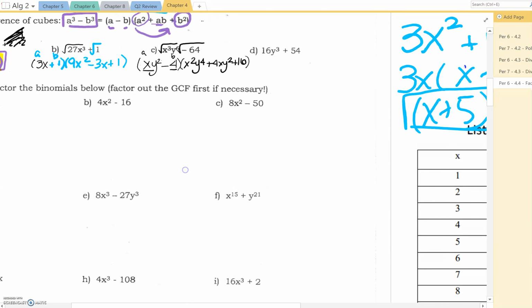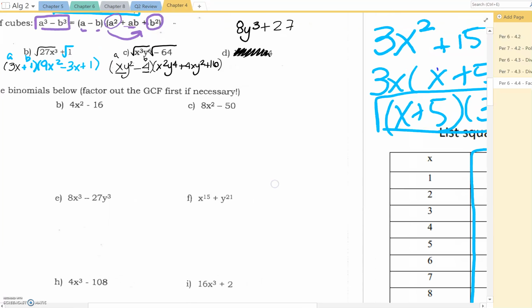Okay. Number 6, I want to change this for you. I don't want to get too crazy here. So let's just make this 8y cubed plus 27. Okay. The cube root of 8 is 2. The cube root of y cubed is y. Plus the cube root of 27 is 3.